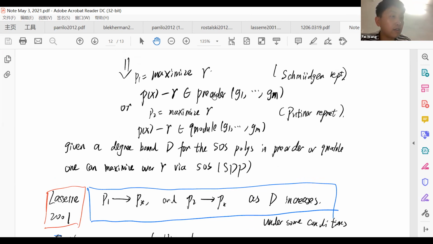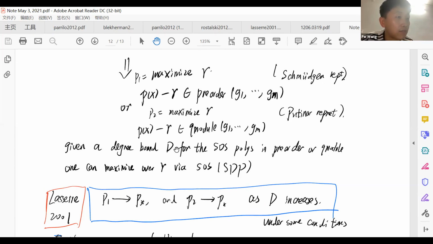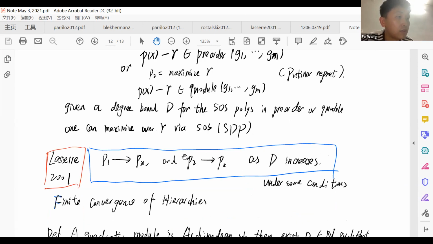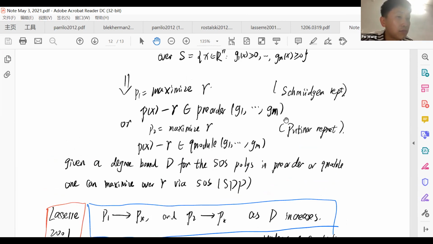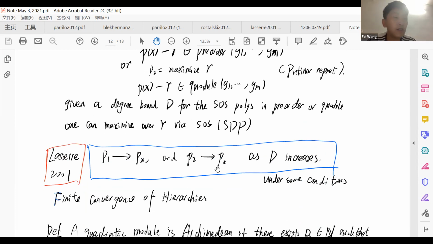I think for the preorder, although he didn't prove it for the Schmüdgen representation, similarly, I think it's true also. So generally, you can solve it using both representations, and eventually it will converge.